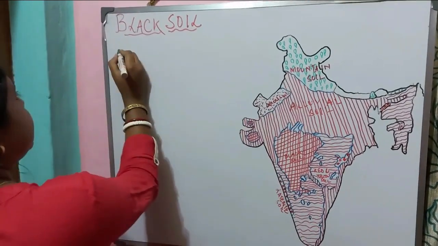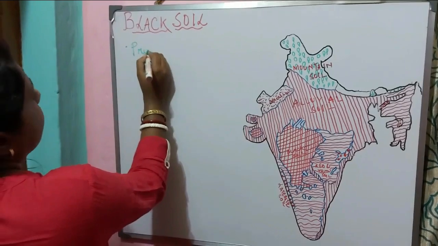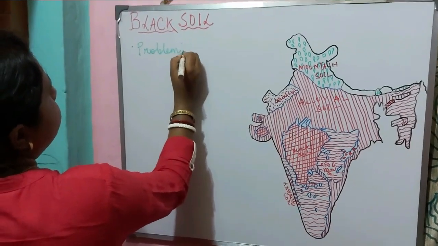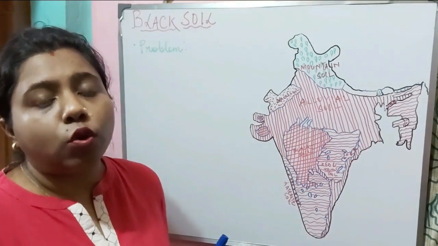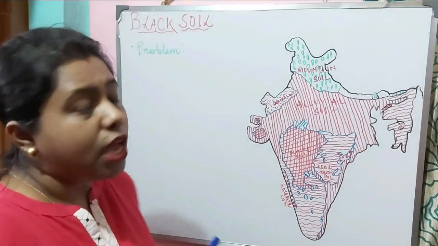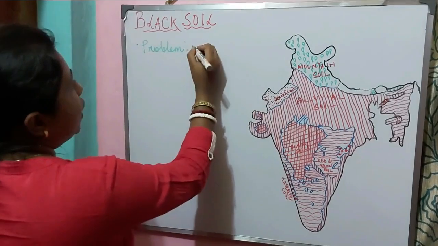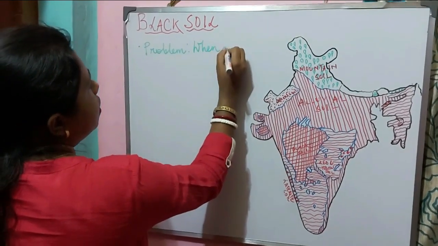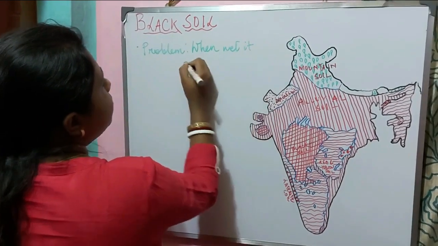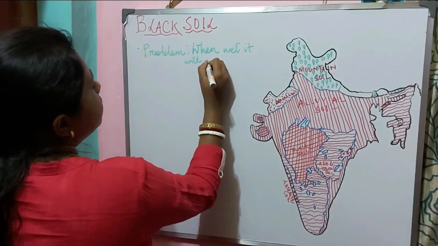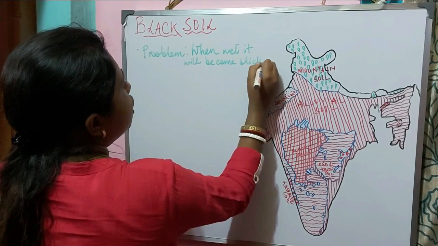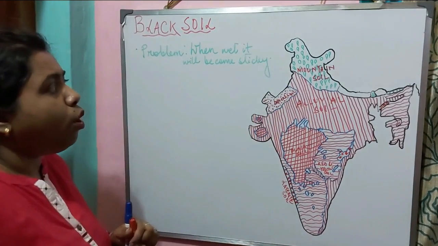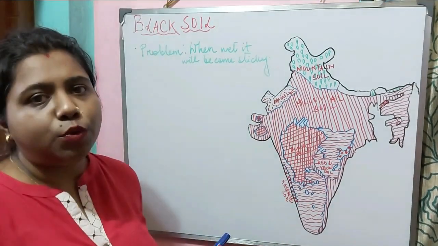Now, there is a problem with black soil. What is the problem? We know that it is very sticky. As I said, it has a very good water holding capacity. So, what will happen when it is wet? It will become sticky, and it will be difficult to work, right? So, what is the best time to utilize black soil?